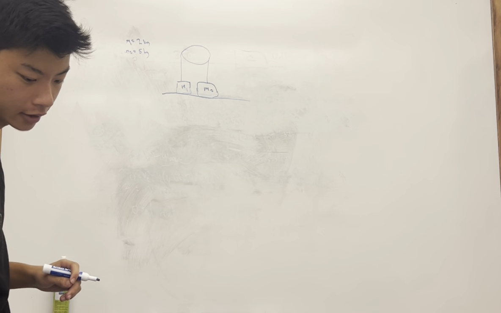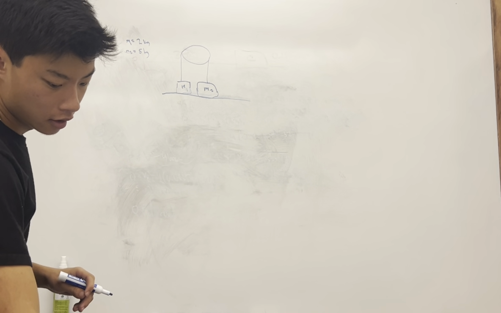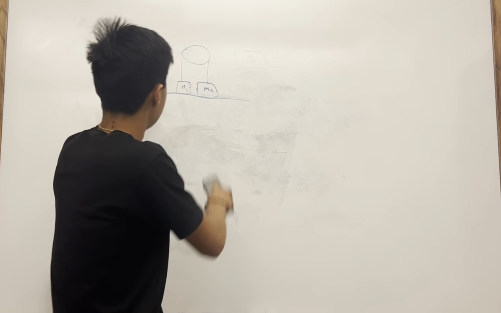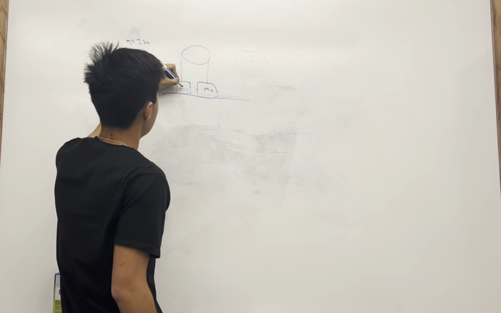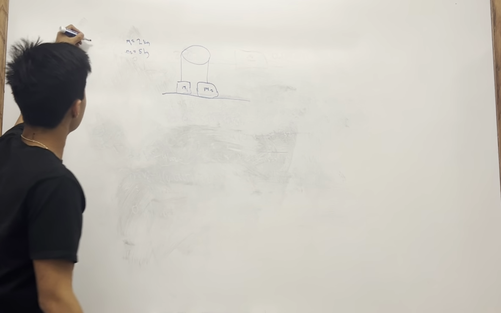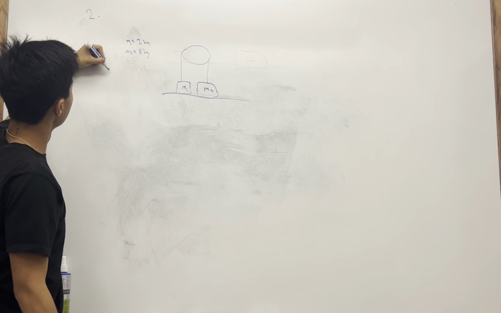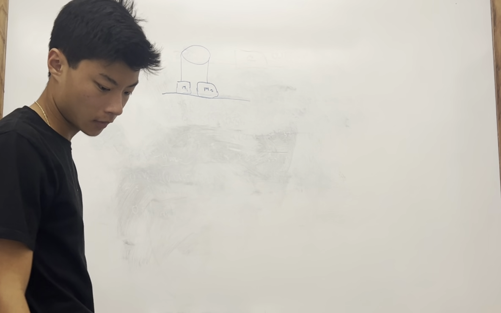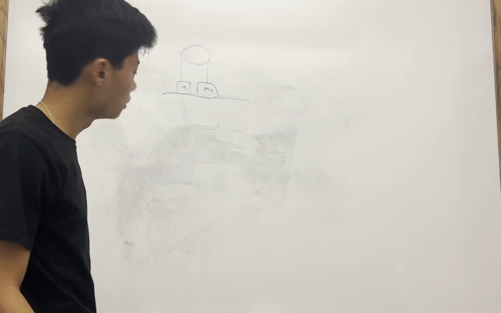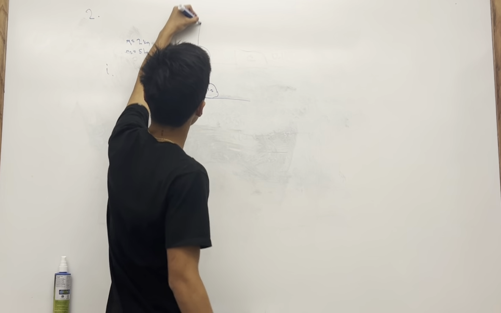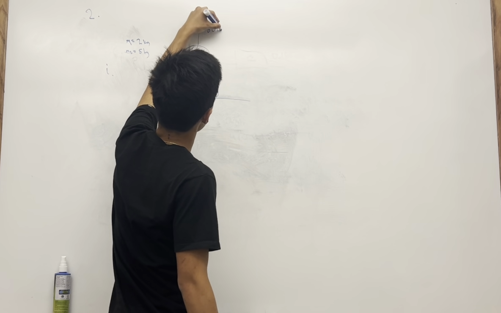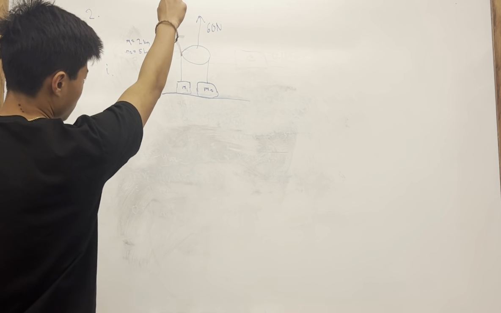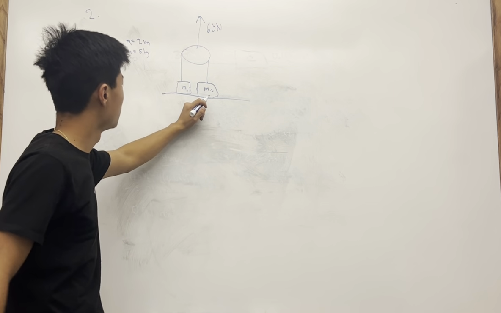And then we have to calculate the acceleration of each mass relative to the floor if, for problem 1, we'll say this is I, this pulley is being pulled up with 60 newtons of force. So if this is being pulled up with 60 newtons of force, what are each of these blocks' accelerations?